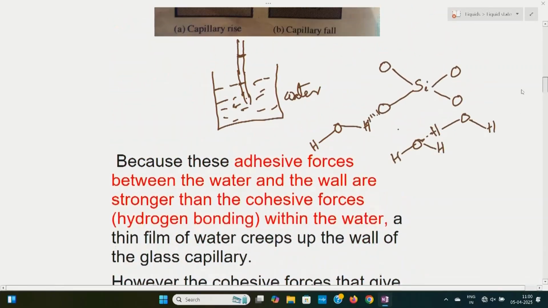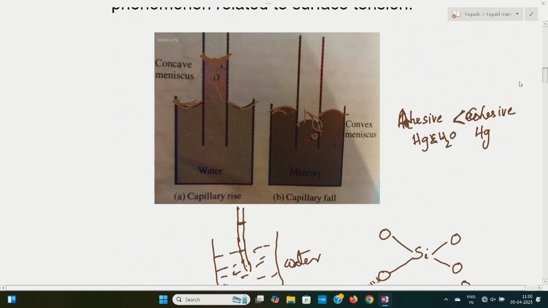I'll repeat once again. When water is in contact with the glass, the adhesive forces between the water molecules and the glass, that is silicon dioxide, will be stronger than the cohesive forces of the water molecules.